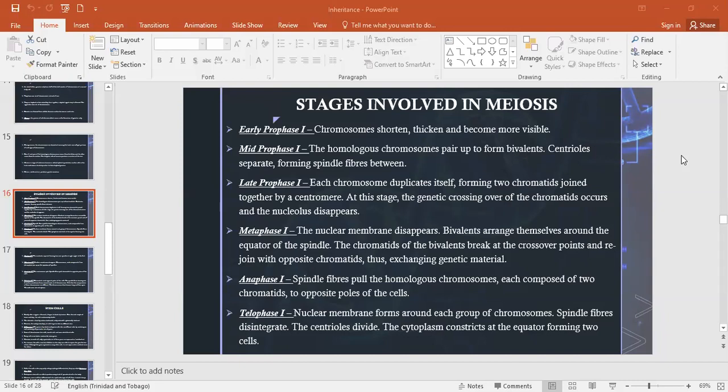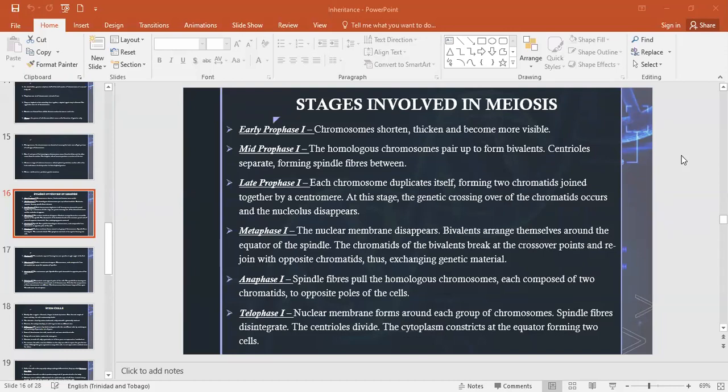This is where the spindle fibers will pull the homologous chromosomes, all right, which are each comprised of 2 chromatids. They will all be pulled to the opposite poles of the cell. All right. And after they are pulled to the opposite poles of the cell, then you will have the nuclear membrane being formed around the chromosomes, and the spindle fibers are going to disintegrate, and your cytoplasm will constrict again to form 2 cells.